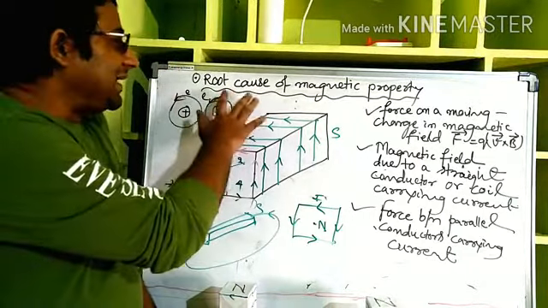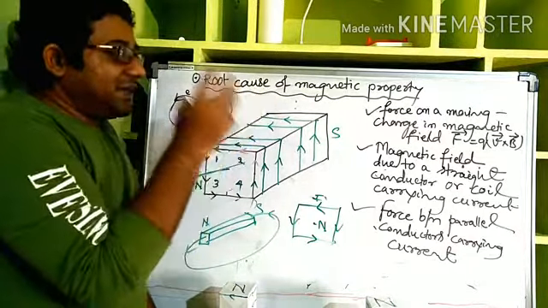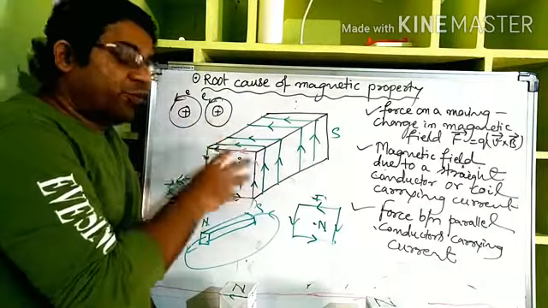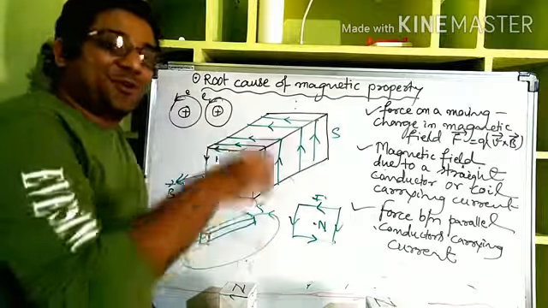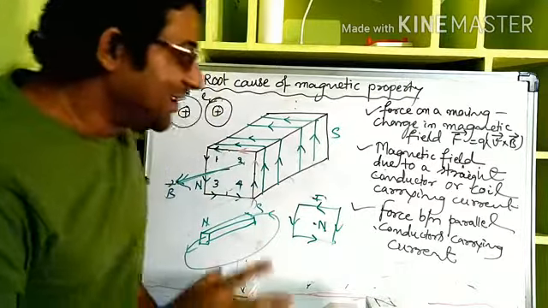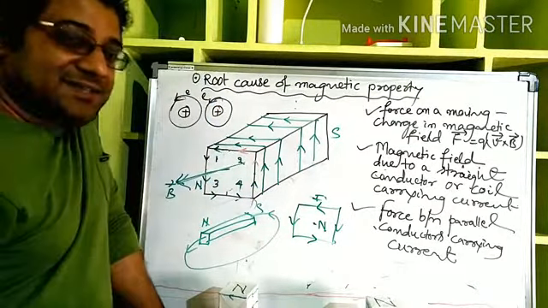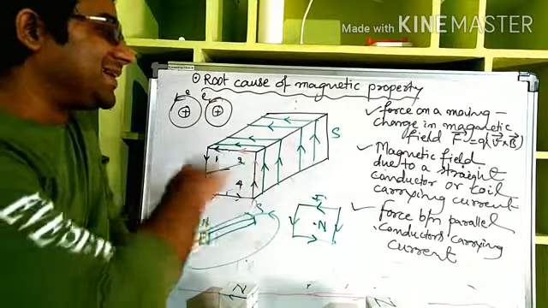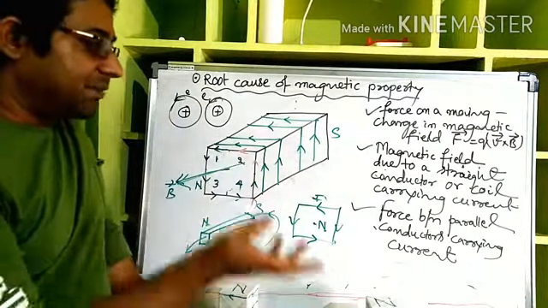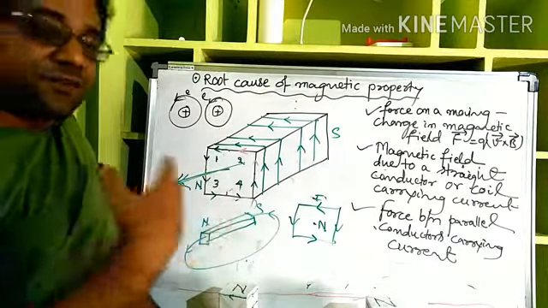So the final line is, when we look into the root cause of a magnetic property, electricity is the root cause of magnetism, in fact. That's why the electromagnetism branch was developed. It is not electricity separate and magnetism separate, magnetic force and electric force, like we were talking before.